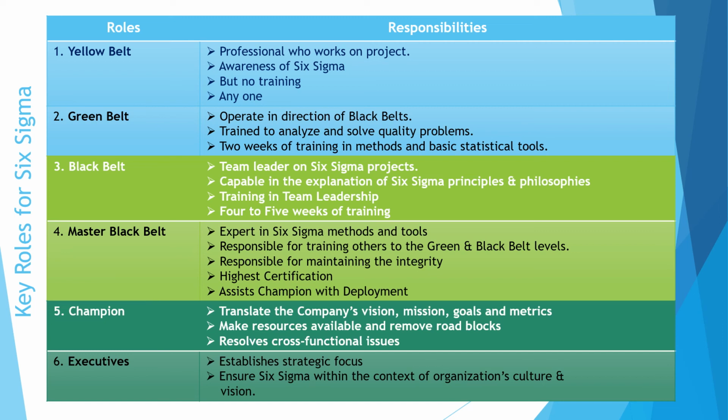Then comes the top role, the master black belt. He will be an expert in Six Sigma methods and tools, responsible for training others up to the green and black belt levels, and for maintaining integrity. It is the highest certification in Six Sigma, and they will assist the champion with implementation.